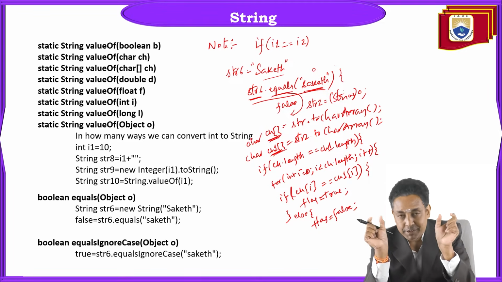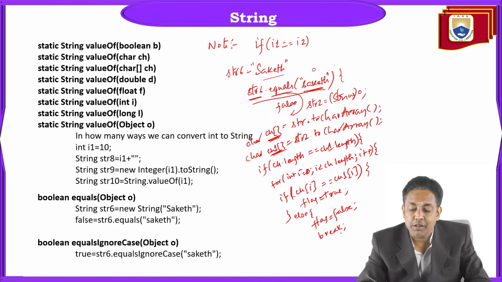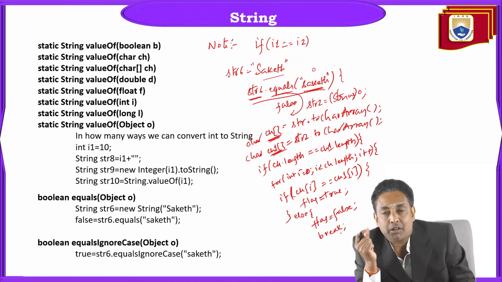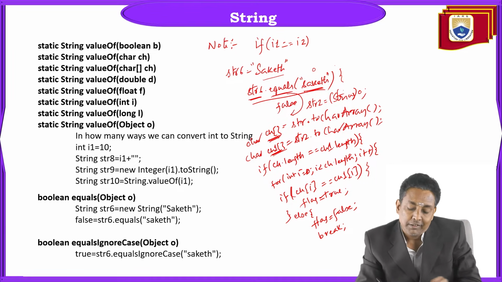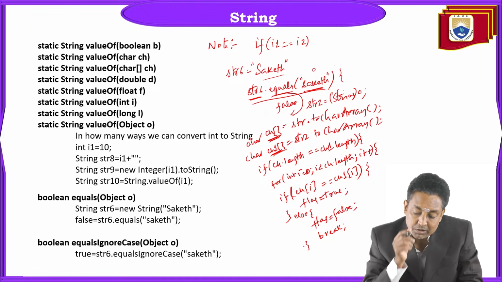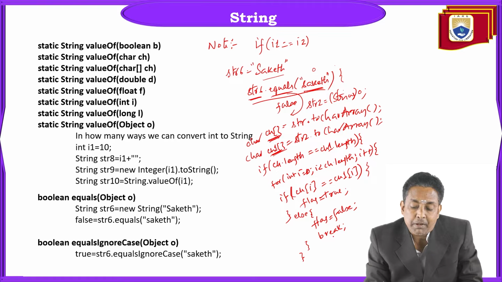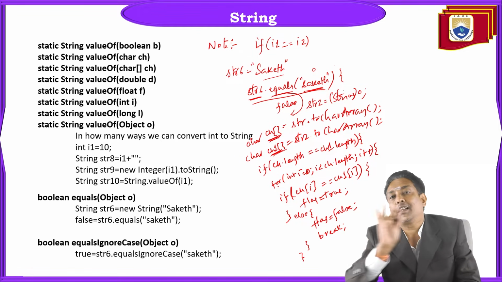Even if a single character mismatches, flag = false, and immediately which keyword or programming construct is used to break the loop? Break. The moment break is called, it breaks the loop, you close the else block and you close the for loop also. The for loop will break and no further indexes are compared.